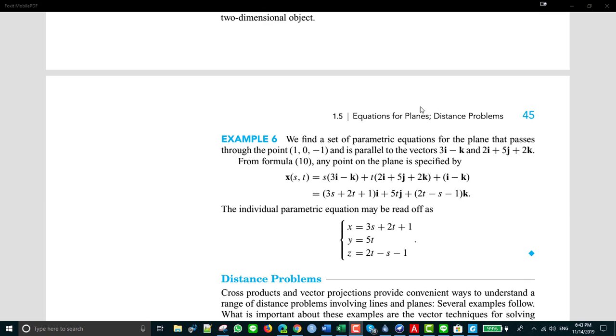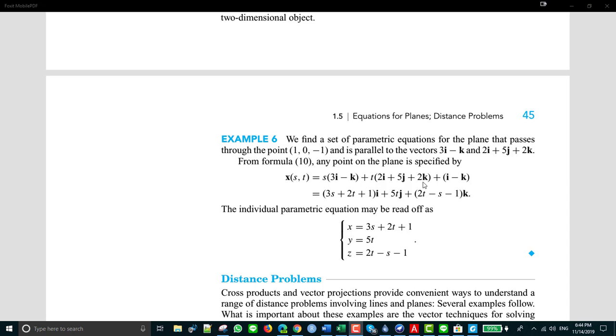So here's an example. We are given that the plane passes through this point and is parallel to these two vectors. So we can write this equation. We need the point, this point here, which is this here. The j part is missing because this is 0.